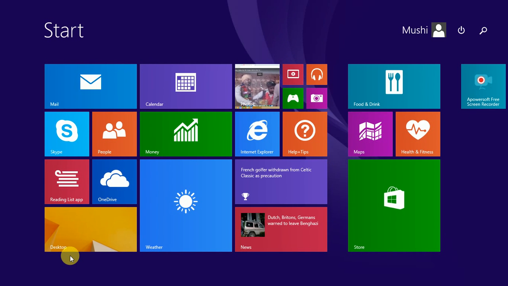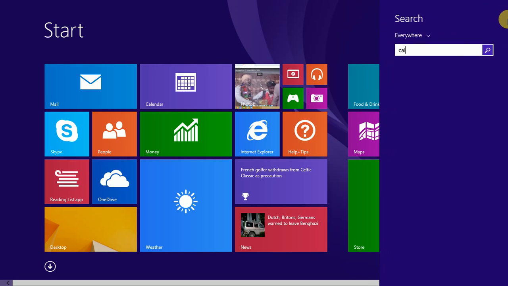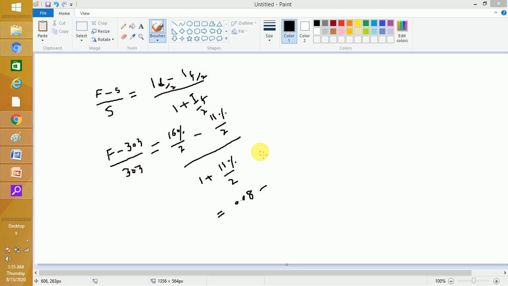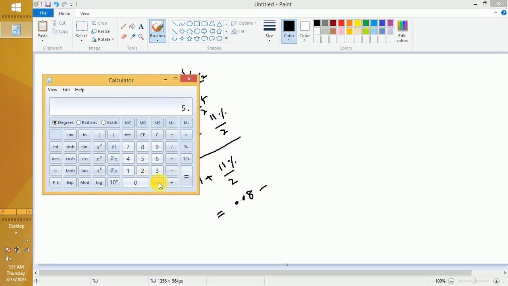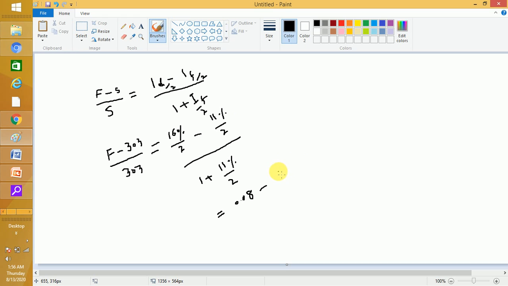Just a minute, I will go to the calculator. 5.5 divided by 100 gives 0.055. So 0.055 divided by 1 plus 0.055, and this side will remain as it is.